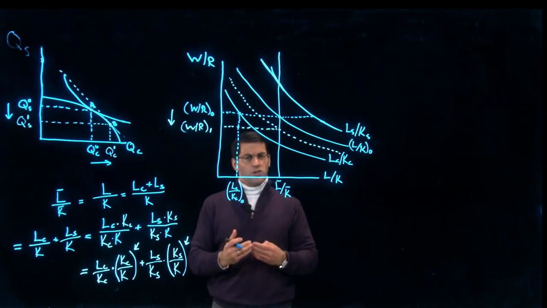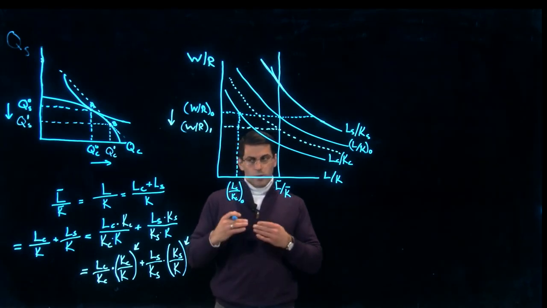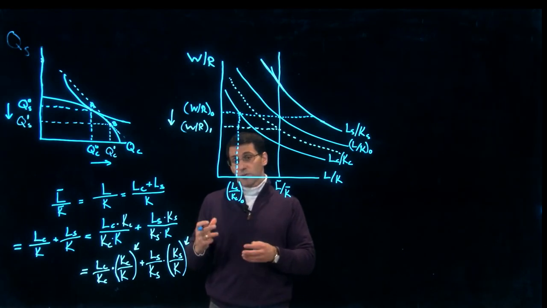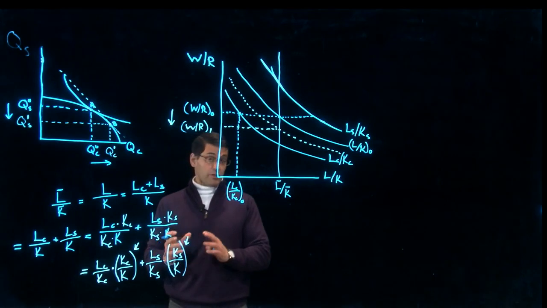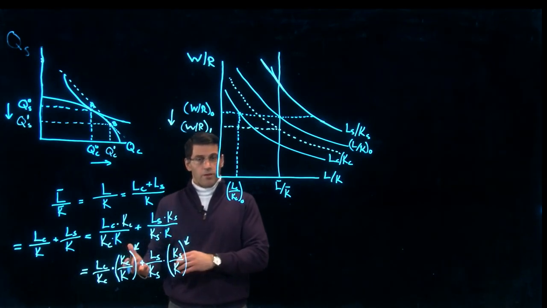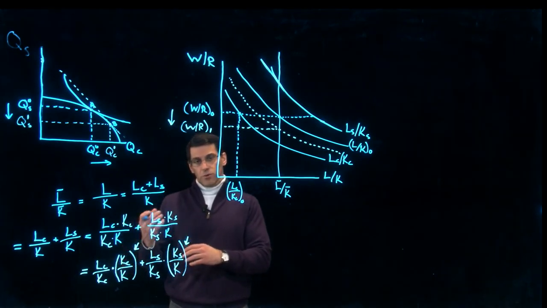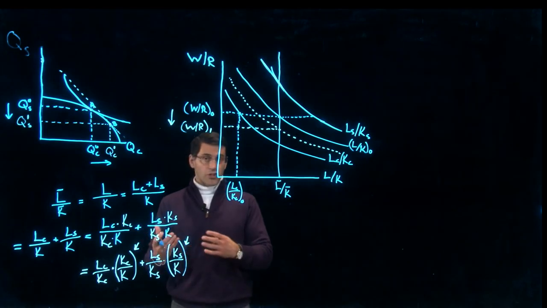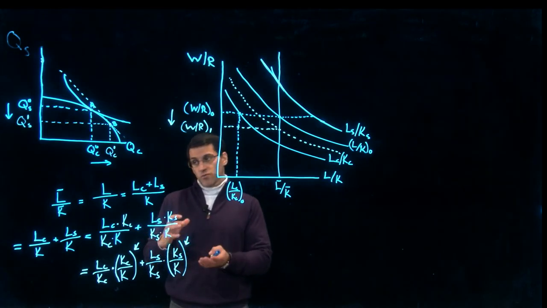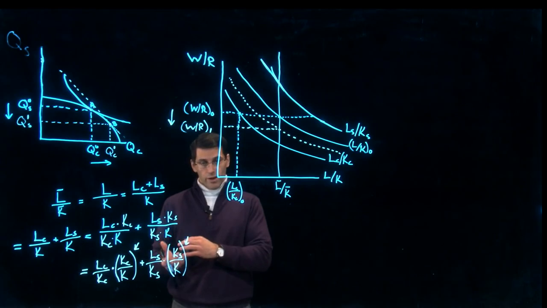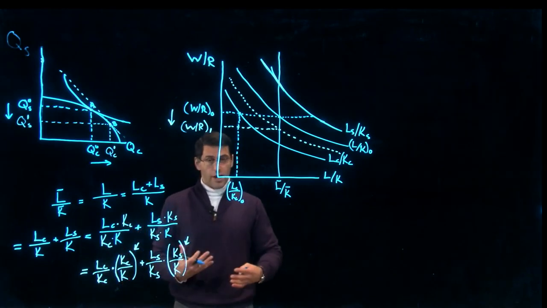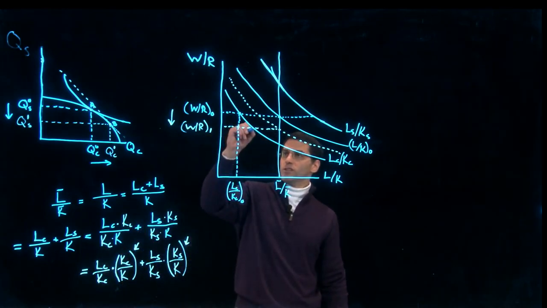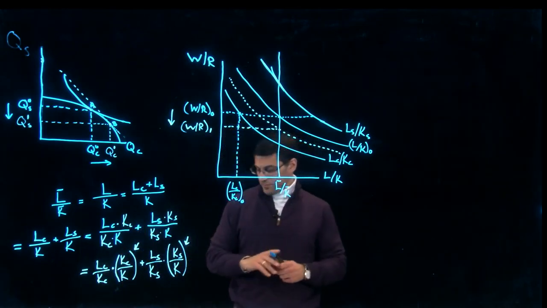What happens when the wage to rental rate falls? Well, when that falls, labor is becoming relatively cheaper, right? Relative to what? Relative to capital. We're lowering the price of labor relative to capital. So logically, producers are going to shift their input mix towards labor and away from capital. If labor is getting cheaper, we want to use a higher ratio of labor to capital, and we're going to see that right here.